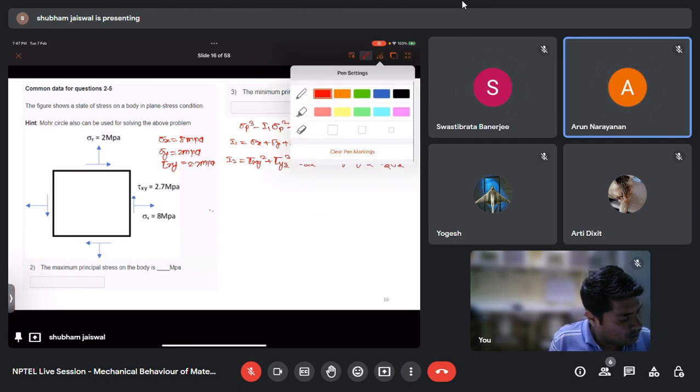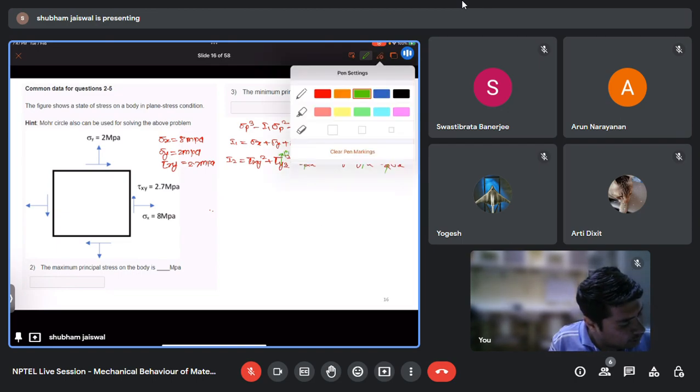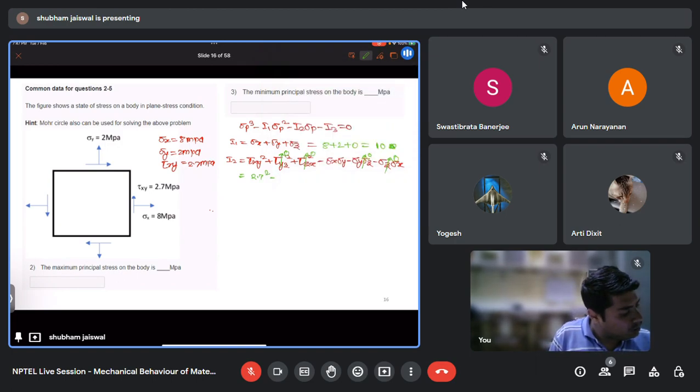As sigma z is not there, those terms will become 0, and tau zx is also 0. So we are left with tau xy squared, that is 2.7 squared, minus sigma x into sigma y, 8 into 2. So this comes out to be minus 8.71. Am I correct?